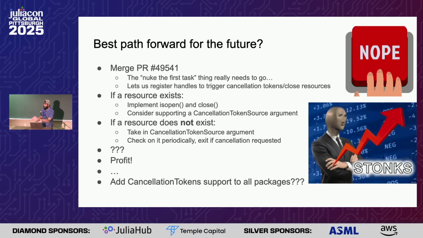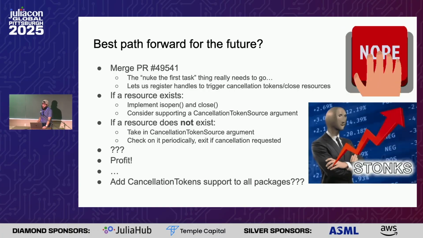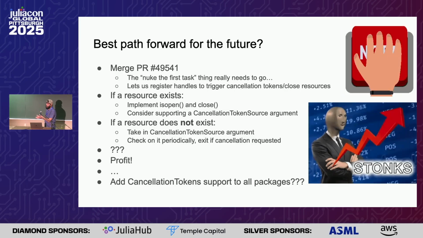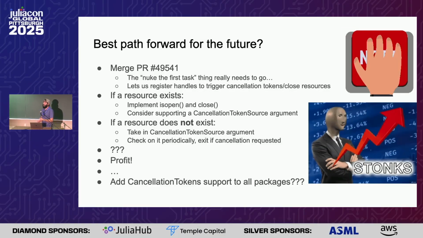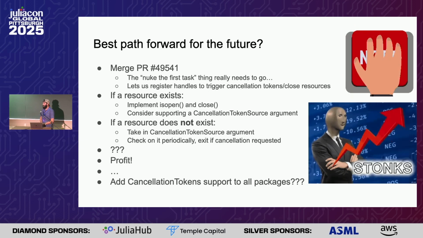If, for example, the thing that times out also has a bunch of other tasks that are running together with it and doing some processing. And the nice thing is you can make as many tokens as you want. You can chain them together. You can create whatever kind of structure you want. That's why it's called structured cancellation. So you can build it to really suit whatever the behavior should be.